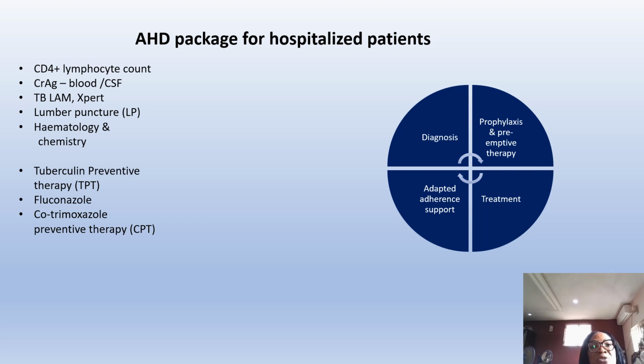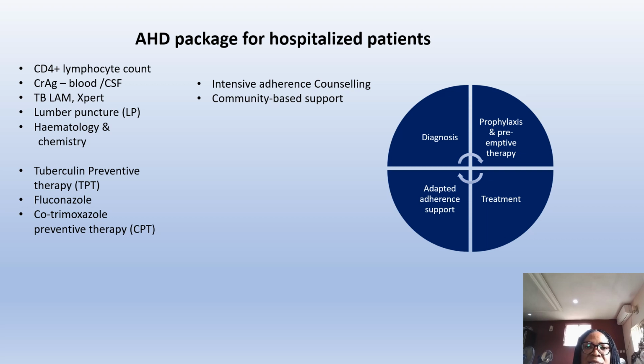Fluconazole is a prophylactic treatment for cryptococcal meningitis. Cotrimoxazole preventive therapy protects against pneumocystis jirovecii pneumonia, toxoplasmosis, and other systemic fungal infections.